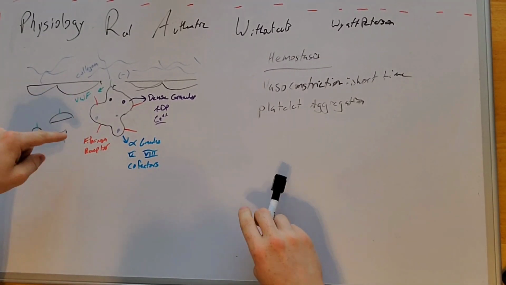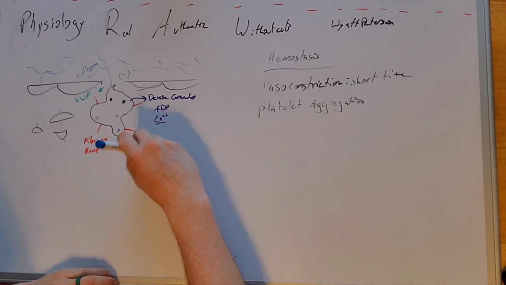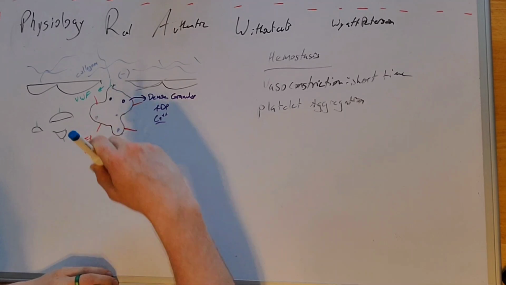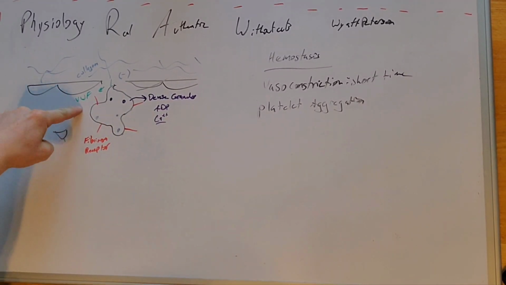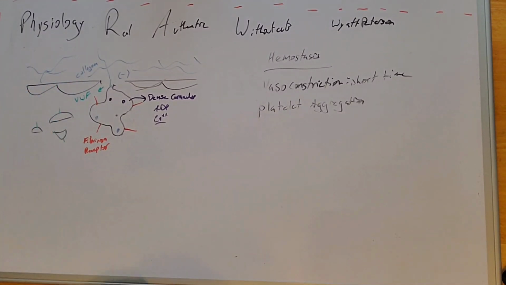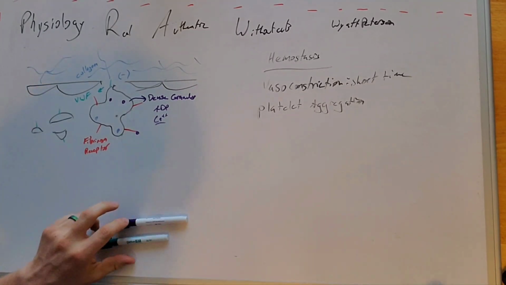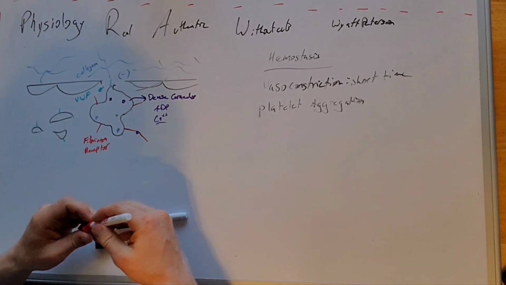So, yeah, I'll erase this for now, but that's what those are for. Okay, so as von Willebrand factor starts attaching to other platelets, we'll see that part of platelet aggregation is that these will start forming little ropes to other platelets.